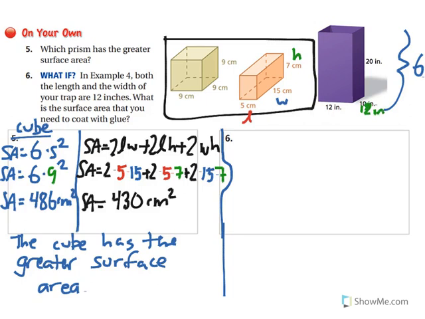So we're going to do surface area equals your front and back, plus your two sides. For my front and back, I've got 12 by 20, which is right over here.